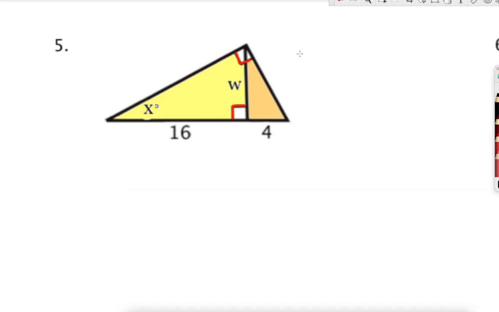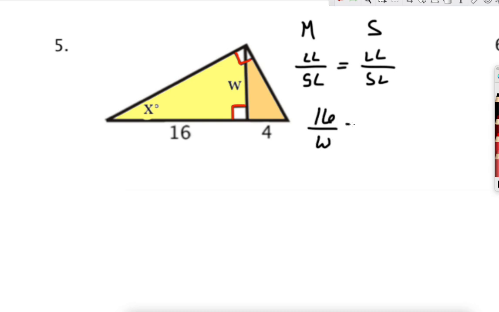So we know that the long leg of the medium-sized triangle here divided by the short leg of the medium equals the long leg over the short leg of the small. Because that's a property of similar triangles, right? The ratios of corresponding sides are going to be the same. And we see that this is the same as the geometric mean.